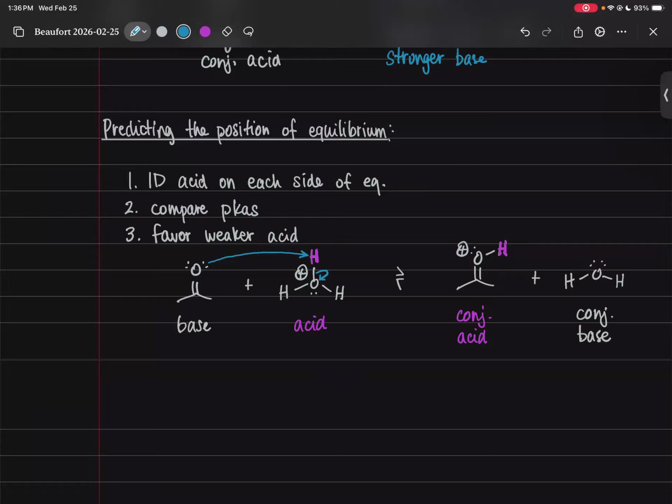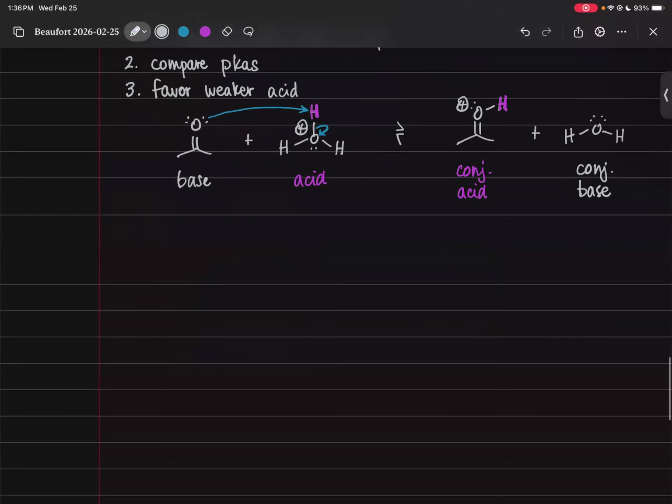Okay, so now we've identified the acid on each side of the equation. Now we need to compare pKa values. The pKa of H3O plus, and then the pKa of this protonated acetone molecule.